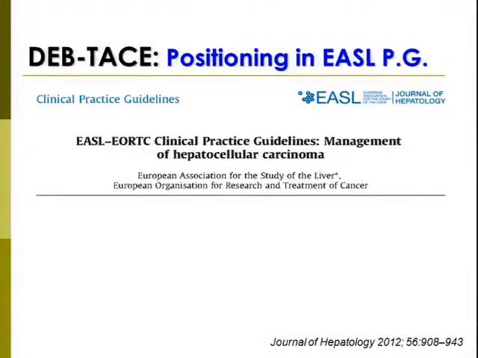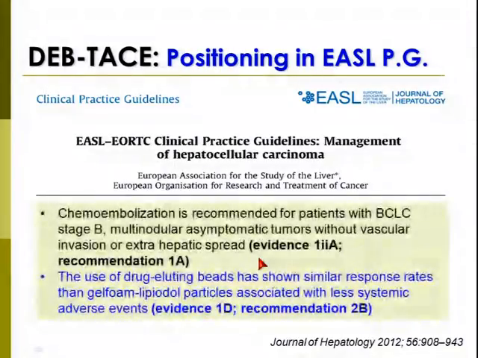Based on these preclinical and clinical trials, either practice guideline positions DEB-TACE like this. The use of drug-eluting beads has shown a similar response rate to conventional TACE associated with fewer systemic adverse events.